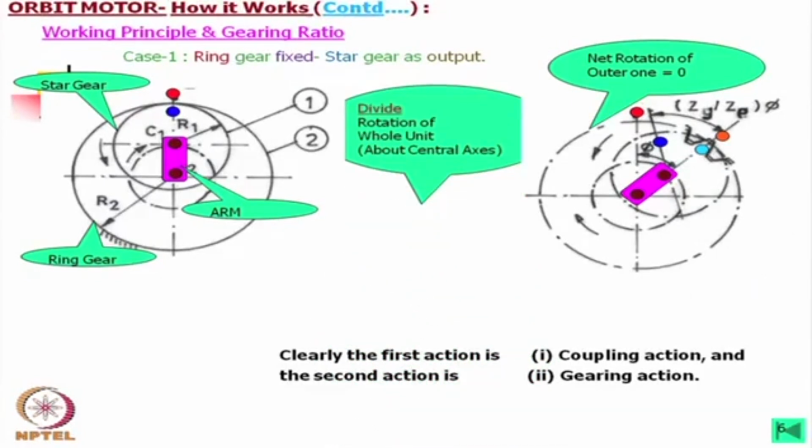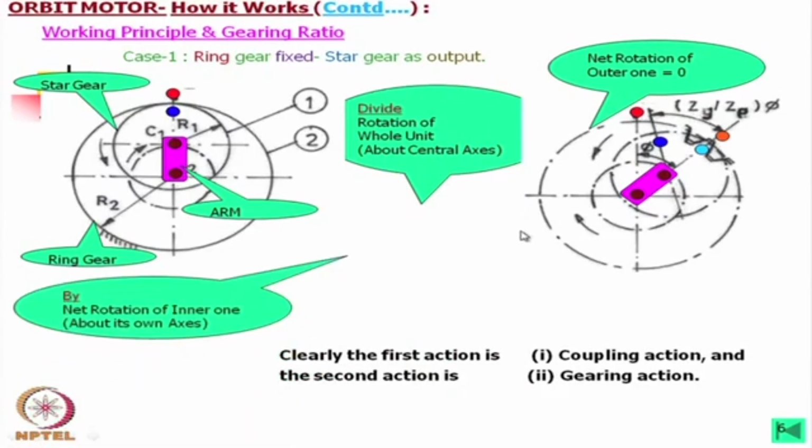Now, to find out the transmission ratio, what we do is divide the rotation of the whole unit about the central axis by the net rotation of the inner one. Equation-wise, we have first given these rotations.